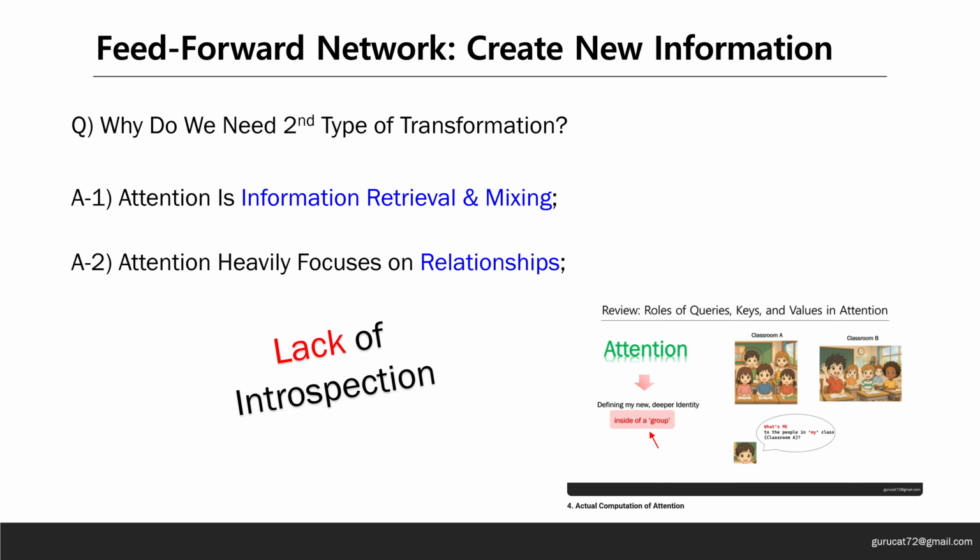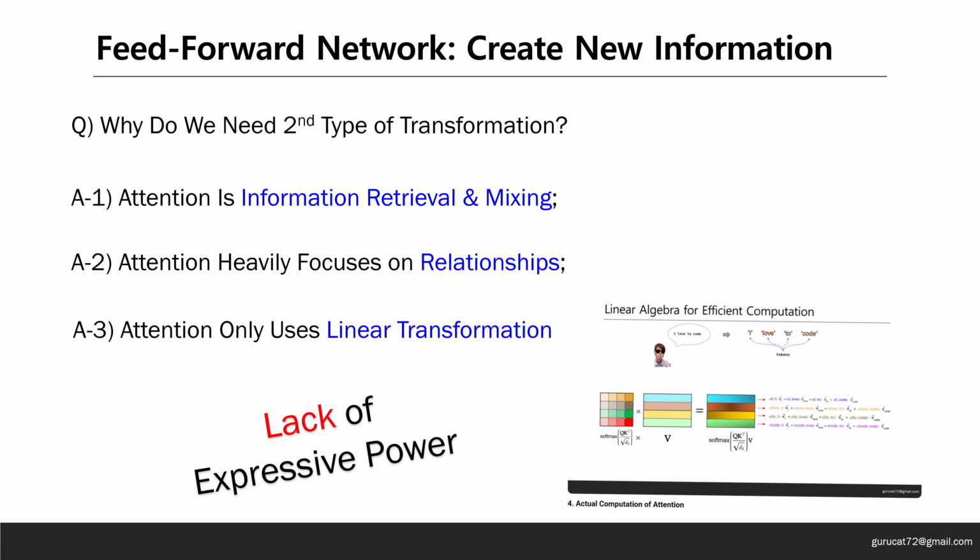It's great for understanding context, but not for reflecting deeper internal transformations within each token itself. Think of it as lacking introspection. Last but not least, attention relies on linear transformations. While powerful, linear methods alone can't express complex patterns. To give the model nonlinear expressive power, we need something more.